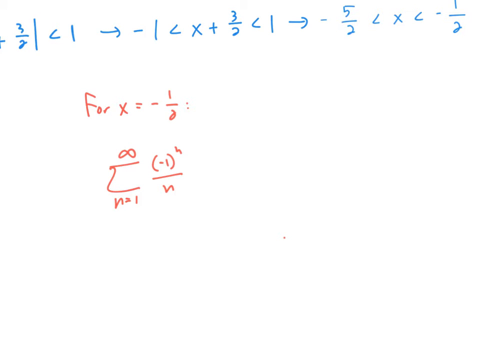The 1 over n part goes to 0 as n goes to infinity and is always decreasing. So this one converges by the alternating series test.